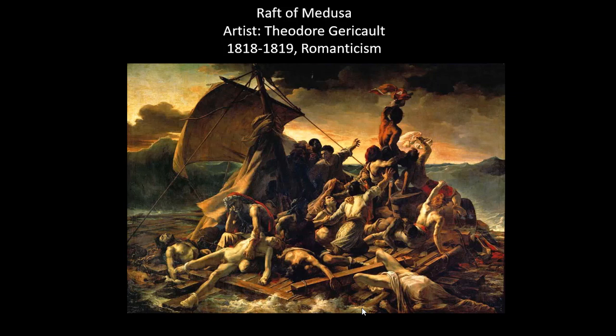So first of all, this is an example of a work of art that is treating a historical subject dramatically. So what happened was there was a slave ship. It was called the Medusa. Now, one of the issues that was happening in France during this time was there was a lot of cronyism going on, a lot of nepotism.